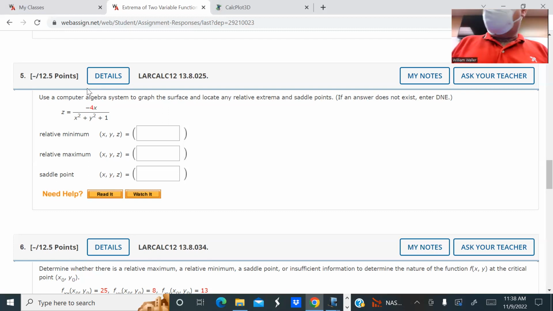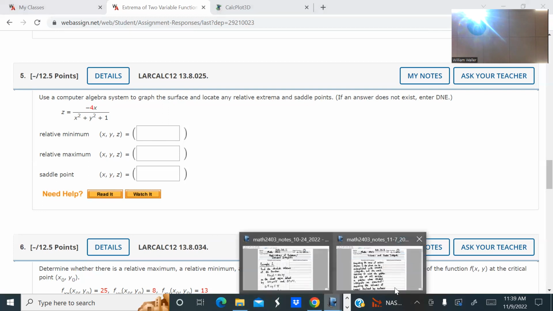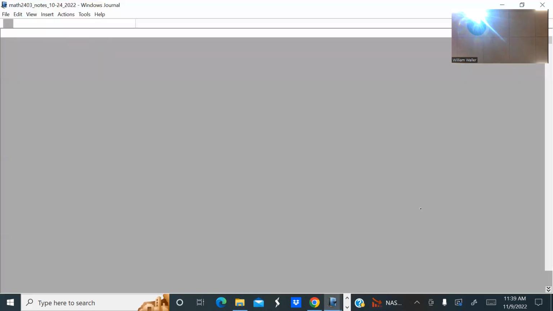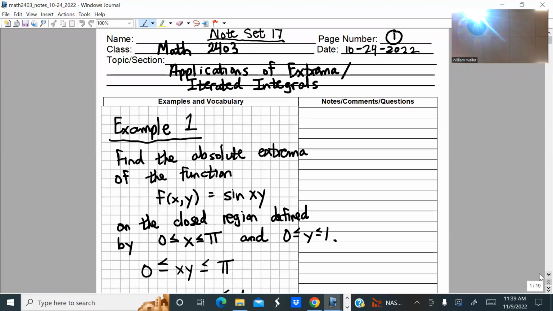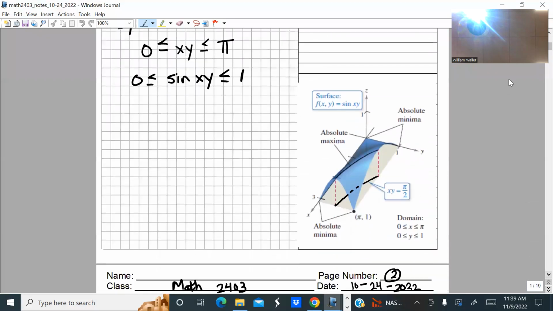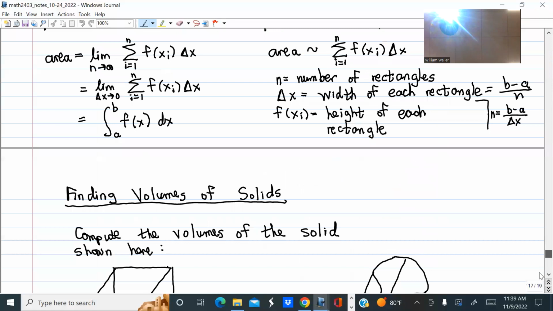So let's work on this one and see how far we can get into it. Let me lower the screen here and let me find some paper here that we can work on, because we're definitely going to have to do some work with this problem.